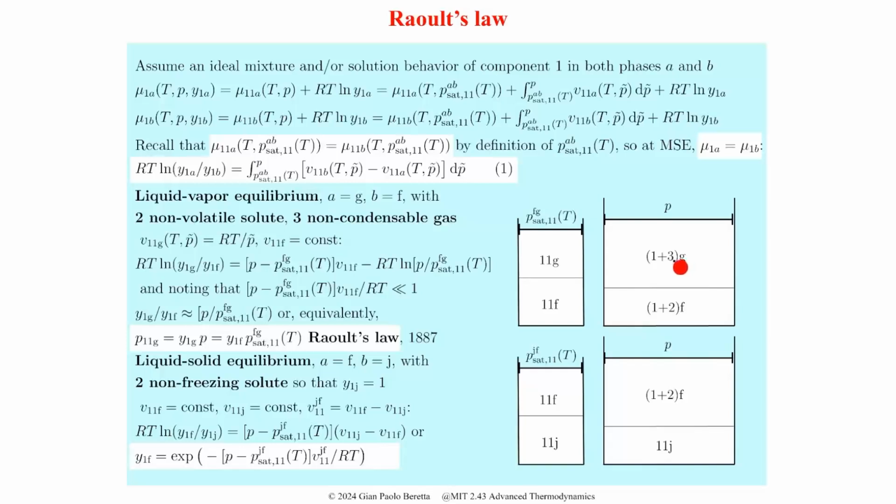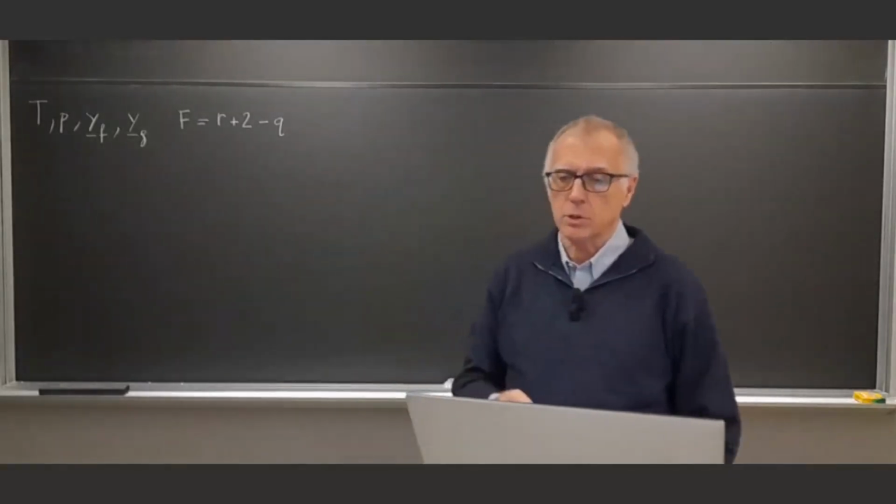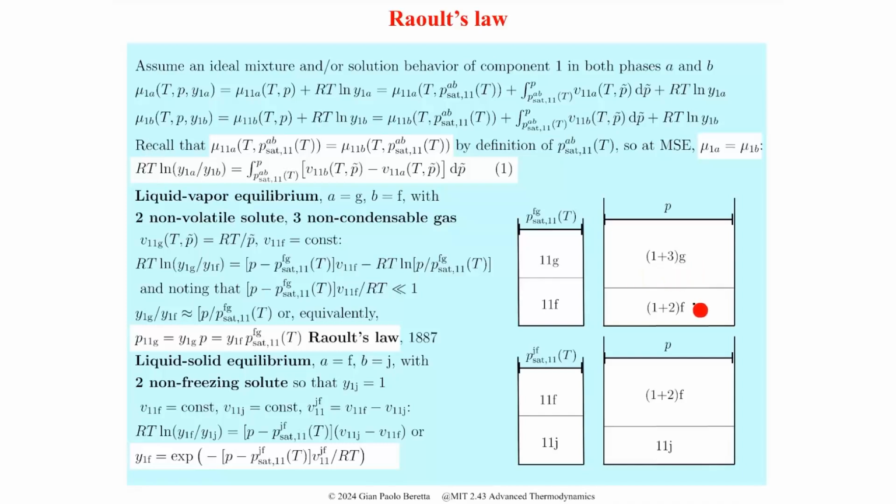We are considering the case that we will do this as a major example, in which the other component, in this case air, so the molecules of oxygen and nitrogen in air, are non-condensable, so you do not find them in the liquid phase. And conversely, the other component in the liquid phase, salt, is non-volatile, so you don't find it in the vapor phase.